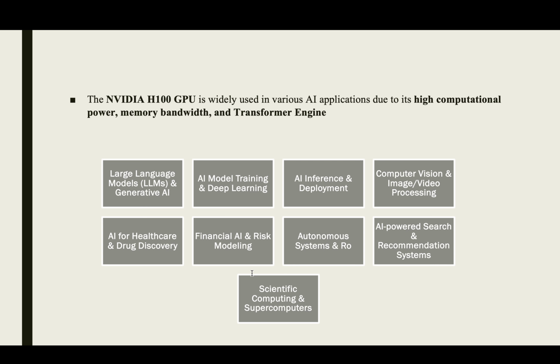It powers AI research in physics, chemistry, and astronomy, used in large scale computers. So basically scientific computing and supercomputers are where H100 is being used.